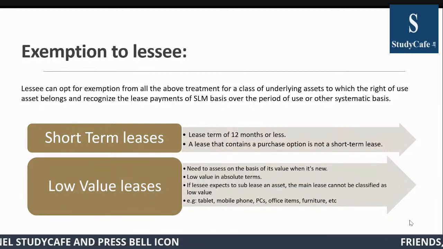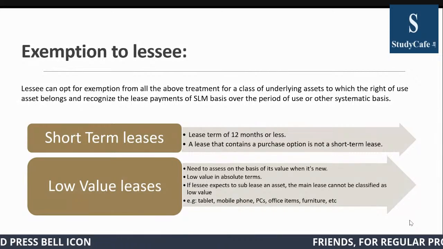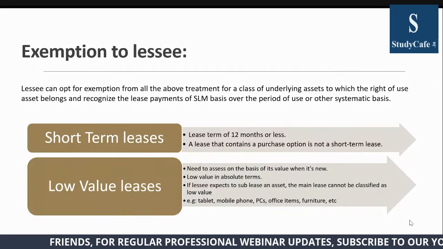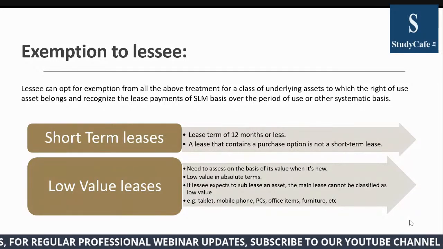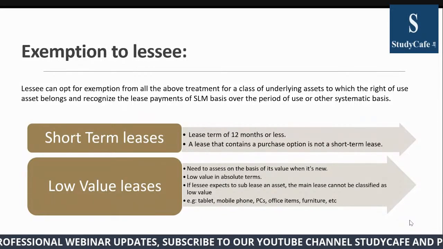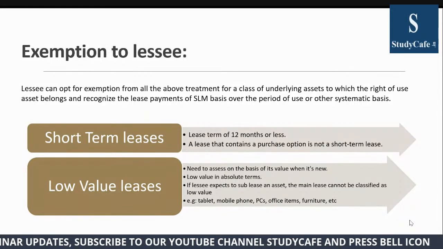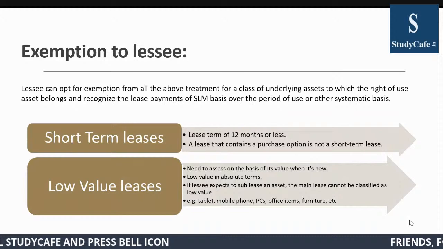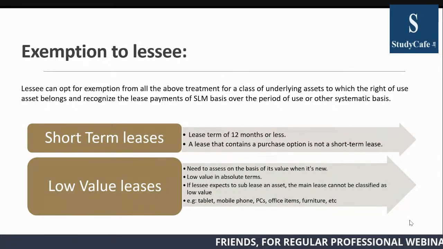If the car would have been new and the value would have been low in absolute terms, then it would be considered a low value lease. So for all assets, we need to assess, if the asset was new, whether the value is low or not. There is no monetary threshold prescribed for this. It depends upon the nature of the asset and the nature of the industry.